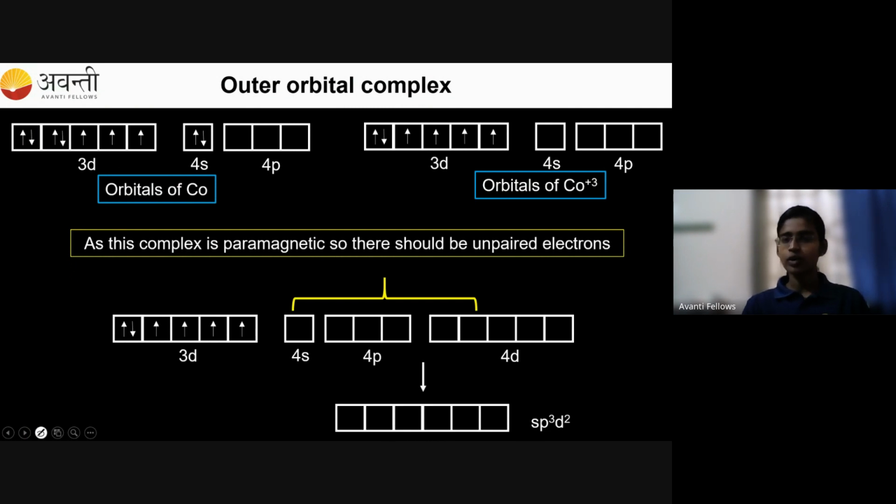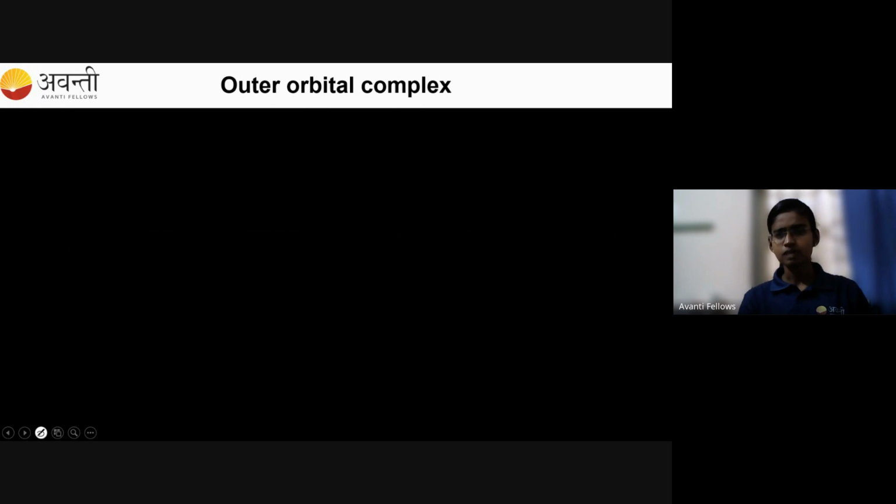They are now going to intermix with each other and form sp3d2 hybridized orbitals. Since 6 orbitals are mixing with each other, 6 sp3d2 hybridized orbitals will form, which you can see here as 6 boxes on the screen.